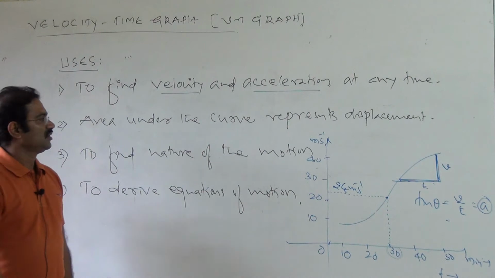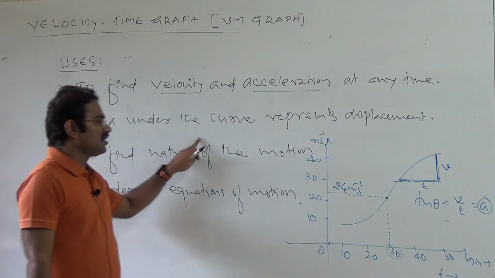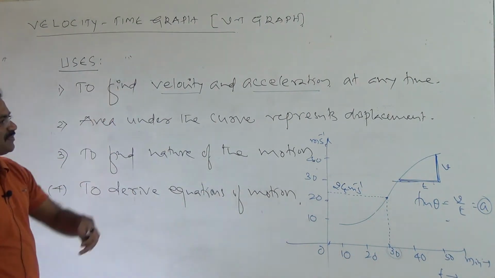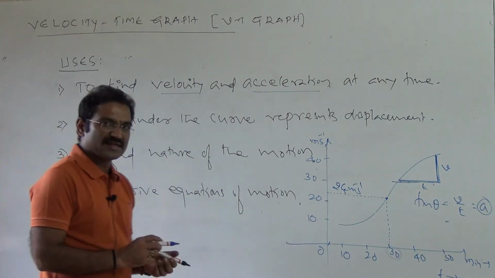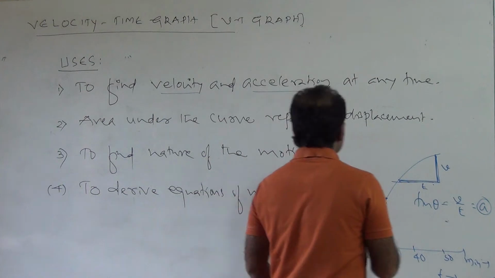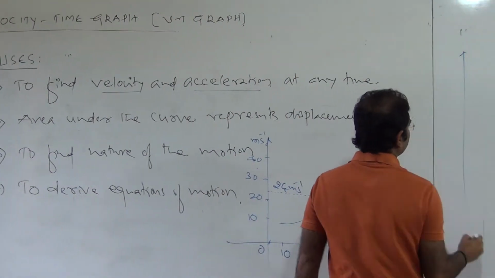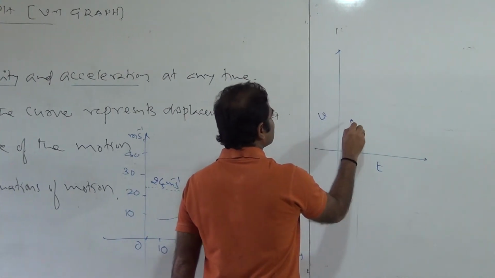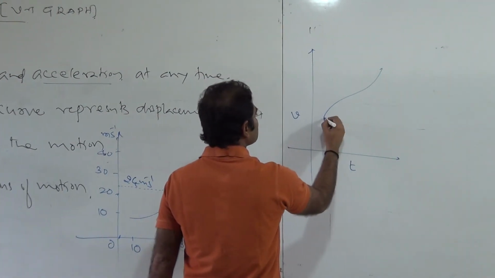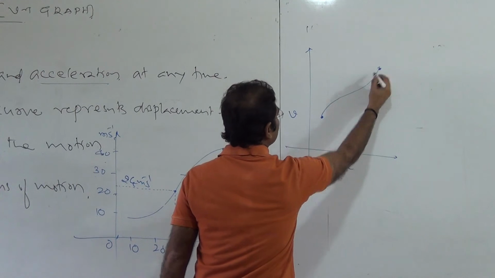The second one is that the area under the curve represents the displacement of the particle. Observe this: this is time, this is the velocity, and this is the curve. This is the initial and this is the final point.